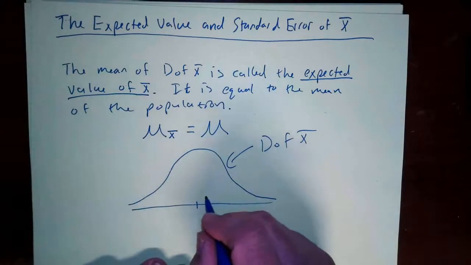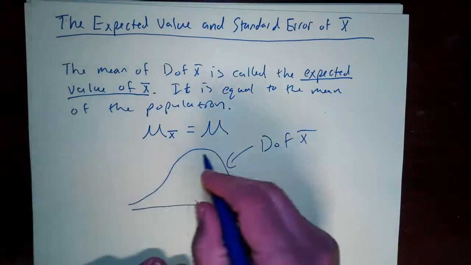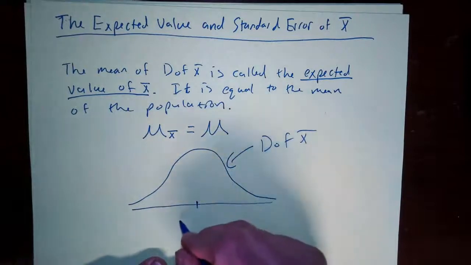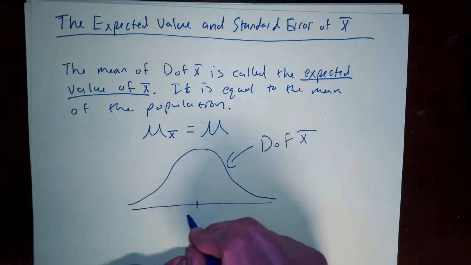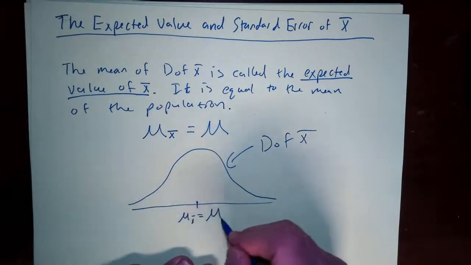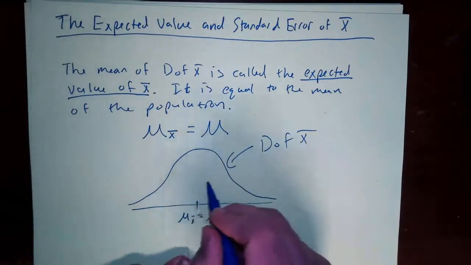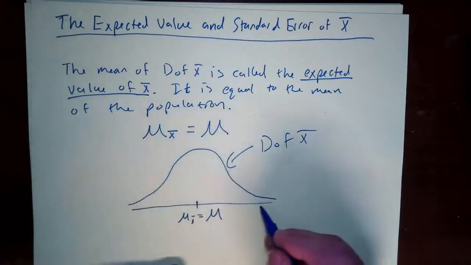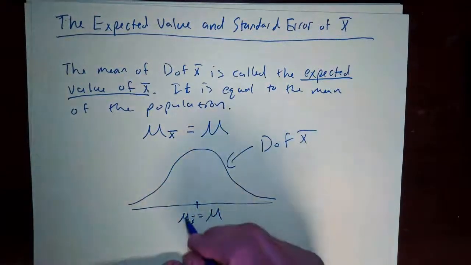And so it ends up that the way that it's distributed is kind of this normal shape, and it's centered right there at the mean of the population. So when you draw out a sample mean, it's much more likely to get a mean equal to the mean of the population than to get one of these means that are further out.